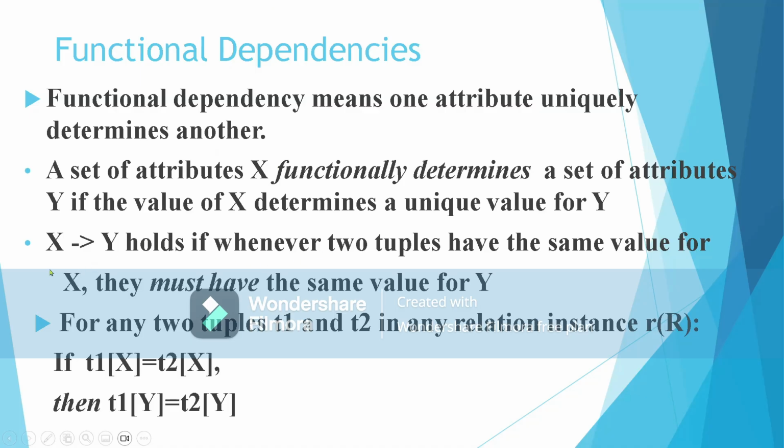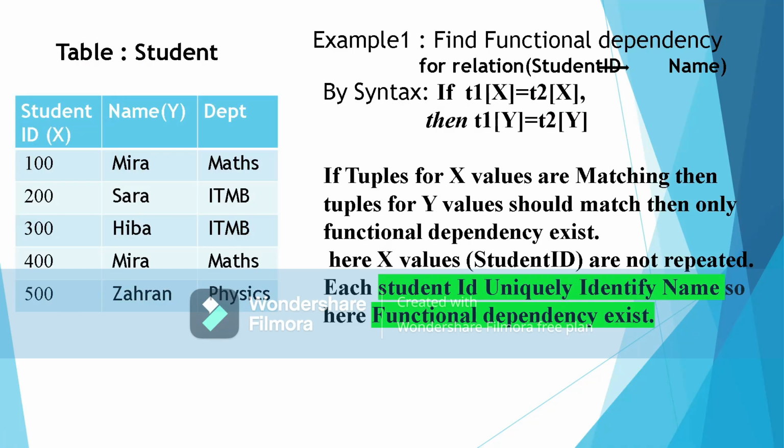So by using this syntax, we can give this functional dependency as the relationship X gives Y holds whenever two tuples have the same value for X, then they must have the same value for Y. By using this syntax, we can show the functional dependency.